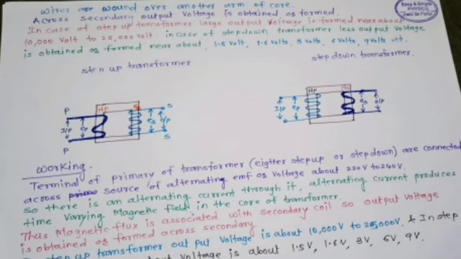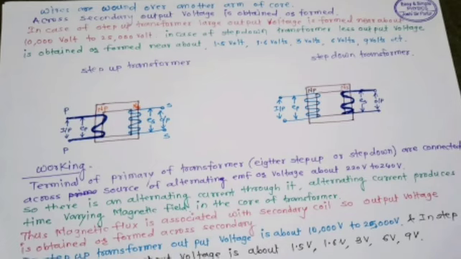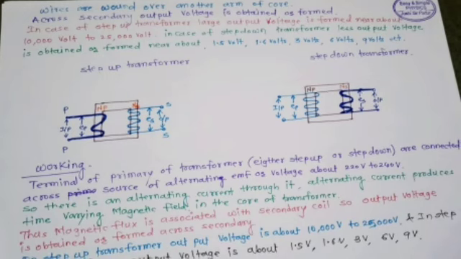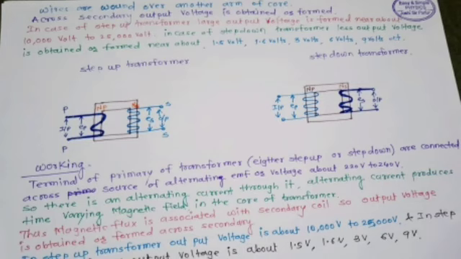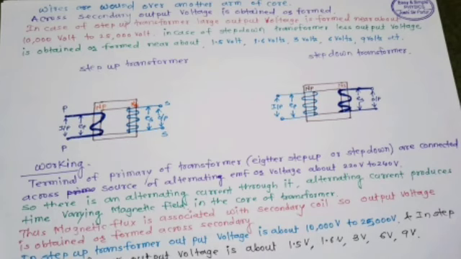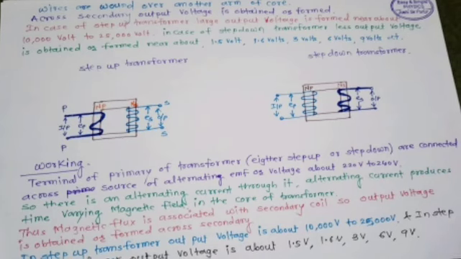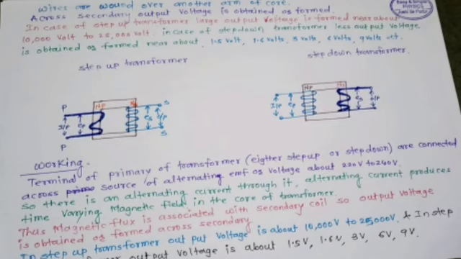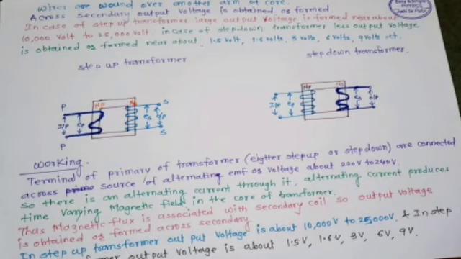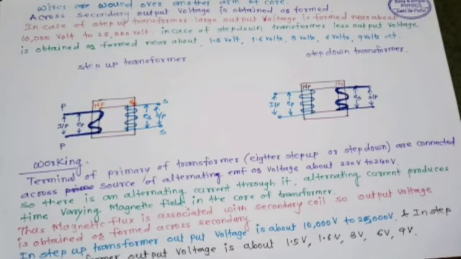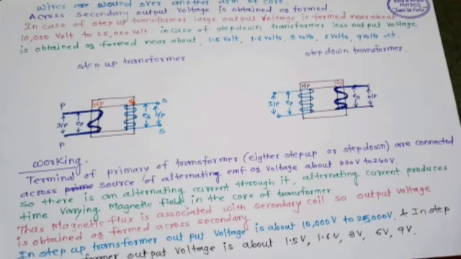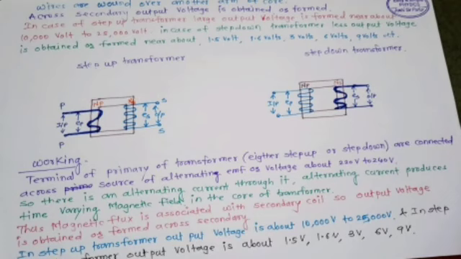Across the secondary, output voltage is obtained. In a step-up transformer, a large output voltage is formed, near about 10,000 volt to 25,000 volt. In a step-down transformer, less output voltage is obtained, near about 1.5 volt, 1.6 volt, 3 volt, 6 volt, 9 volt, etc.